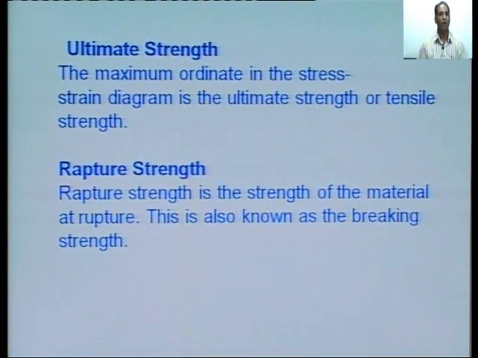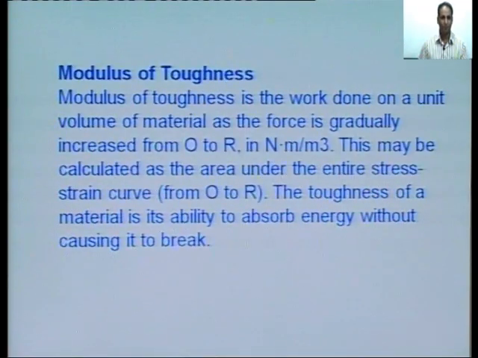The maximum ordinate in the stress strain diagram is the ultimate strength or the tensile strength. And then the rupture strength on this curve. Rupture strength is the strength of the material at rupture, also known as the breaking stress or breaking strength.